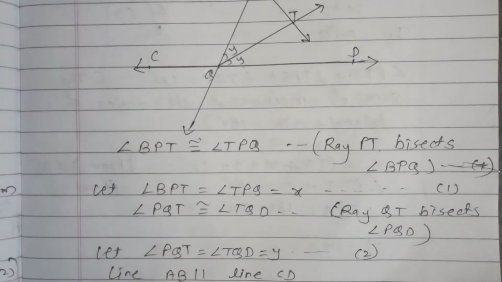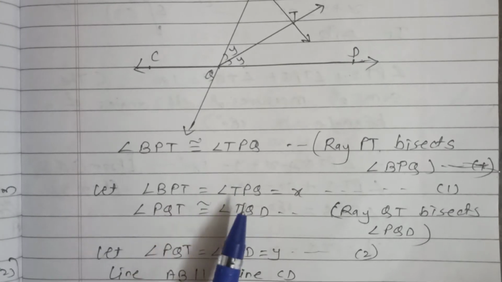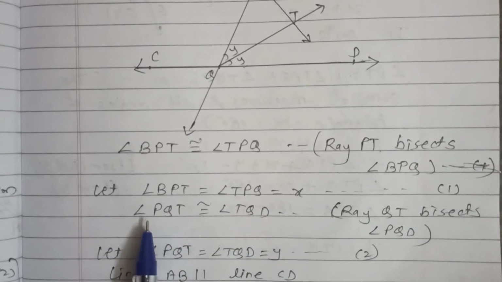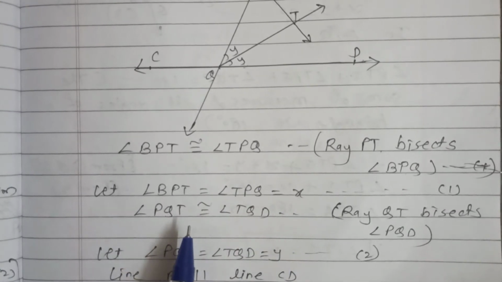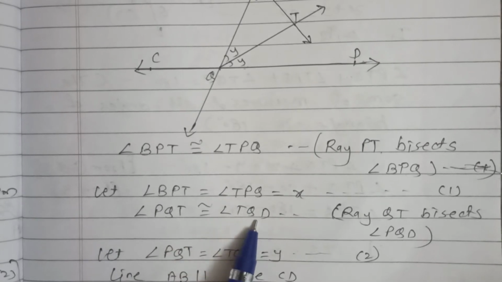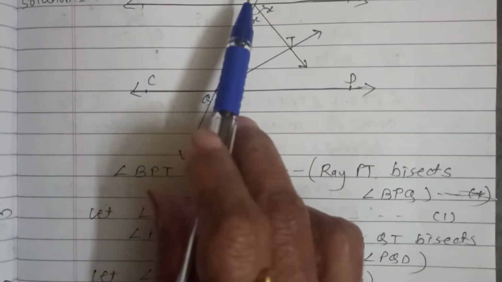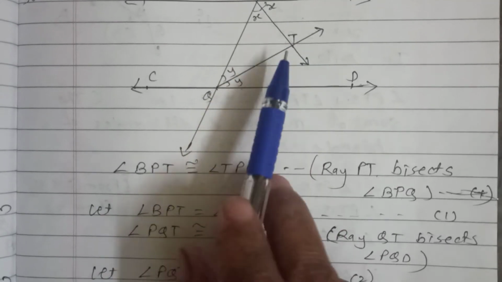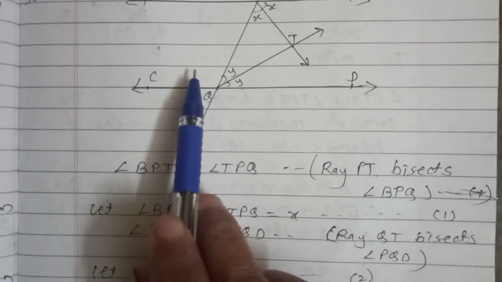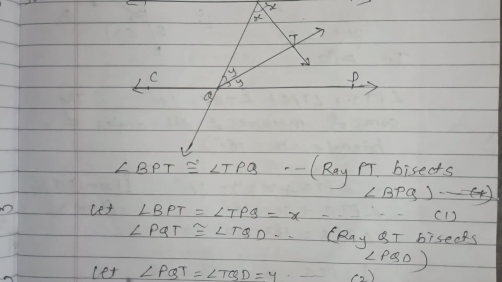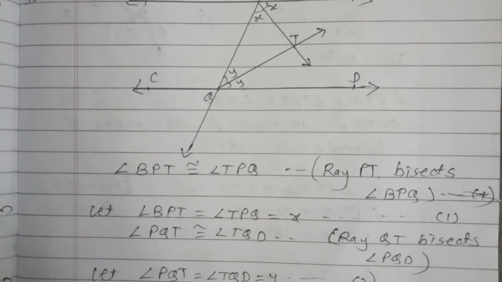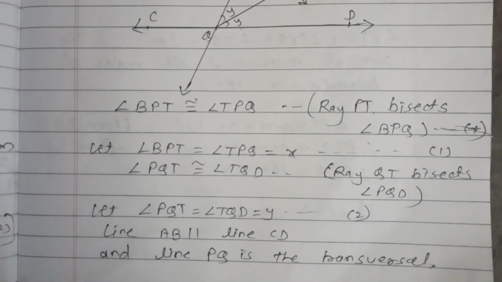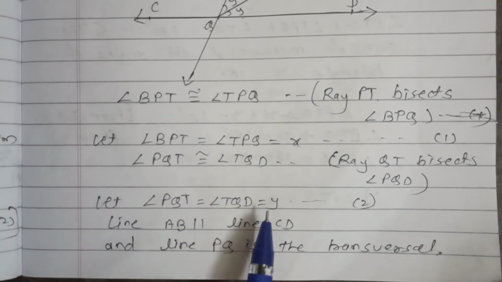Next, let angle BPT and angle TPQ be equal to x. Similarly, angle PQT is congruent to angle TQD. These two angles are congruent. Now let angle PQT be equal to angle TQD, equal to y.